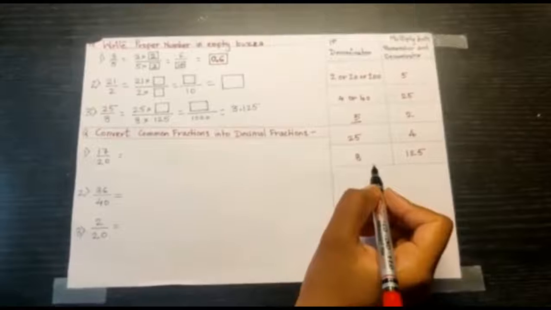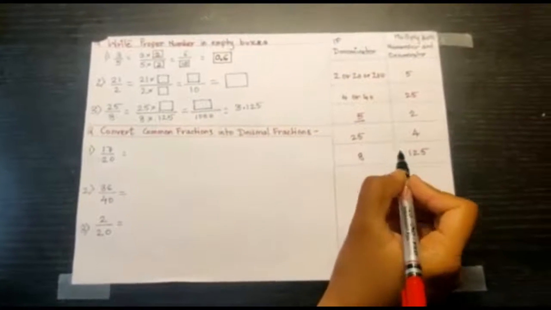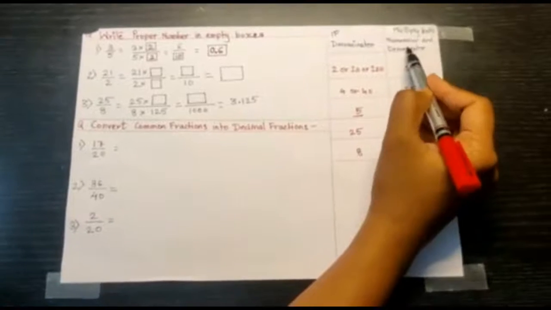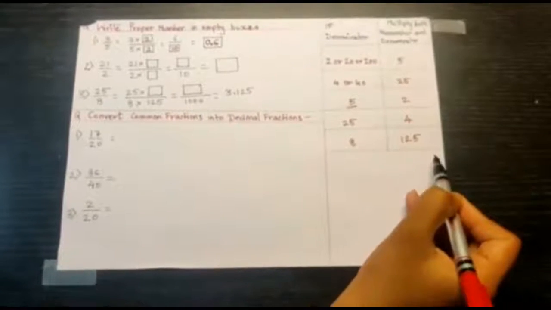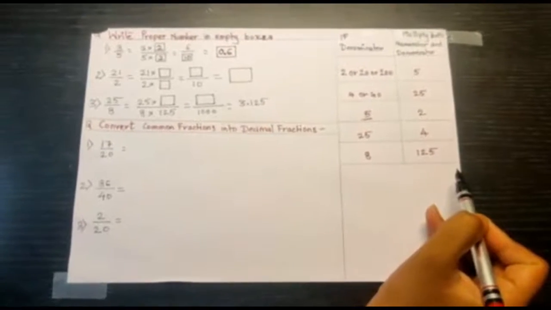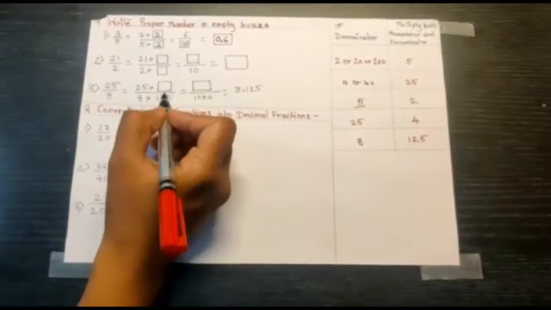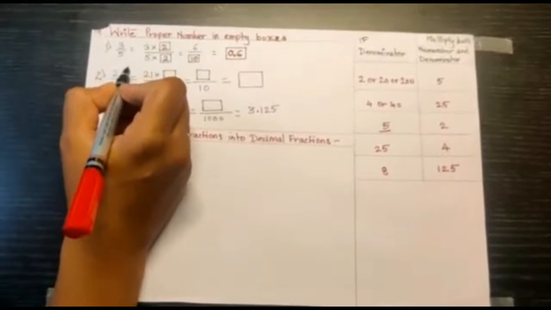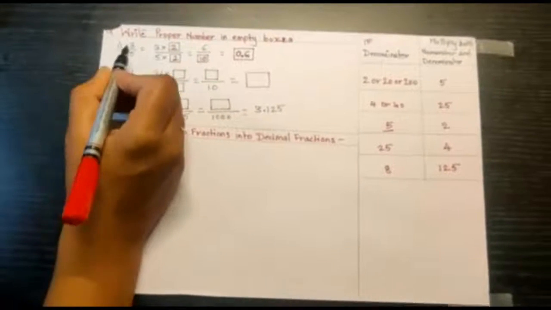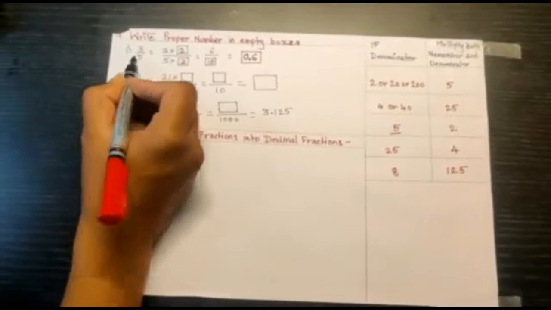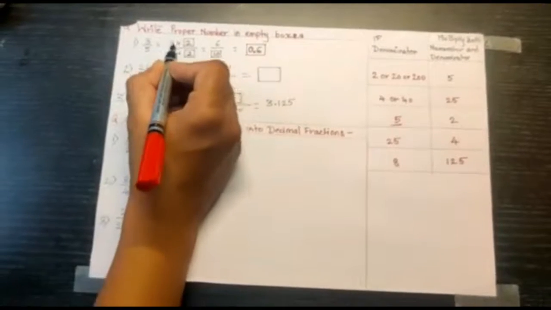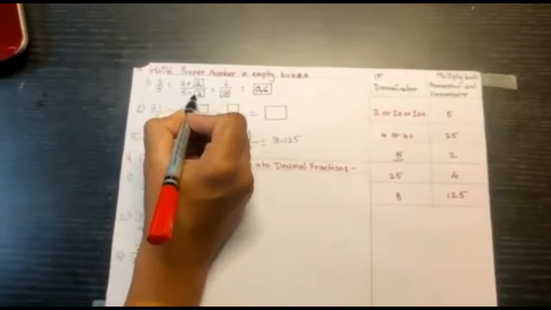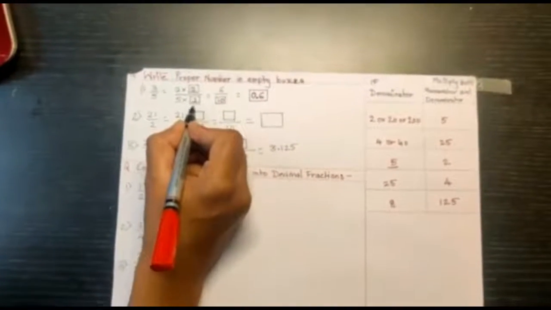Hello children. So we just now studied this chart. If the denominator is this, then you have to multiply both numerator and denominator by these numbers. Now let us solve a few problems on it. I have solved the first one for you, so it will be much easier. The first question is 3 divided by 5 equals 3 into 2 divided by 5 into 2. Why did I multiply by 2?